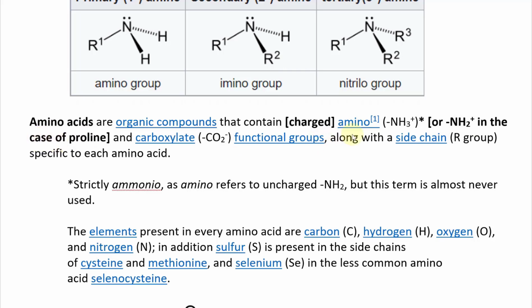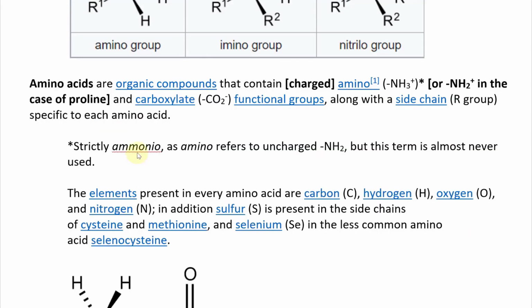So it contains NH3+ or NH2+, or possibly other similar groups, and carboxylate, which is -CO2 with a negative charge, functional groups, along with a side chain R specific to each amino acid.